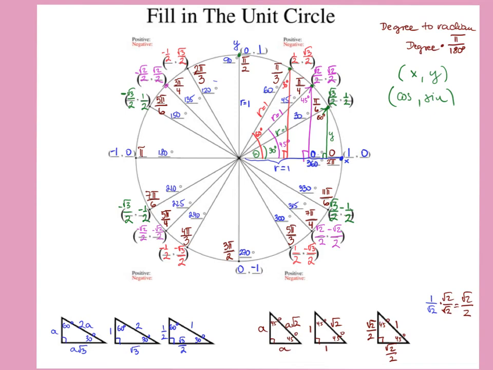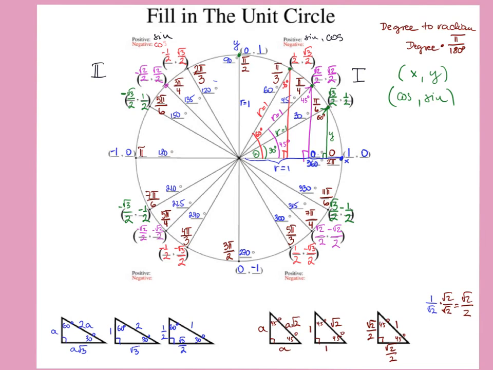So now let's look at where each one of these trigonometric functions are positive and in which quadrants. So we know that this is quadrant number 1, and we can see that sine is positive, cosine is also positive. We can see that in quadrant number 2, sine is going to be positive. However, cosine is going to be negative.